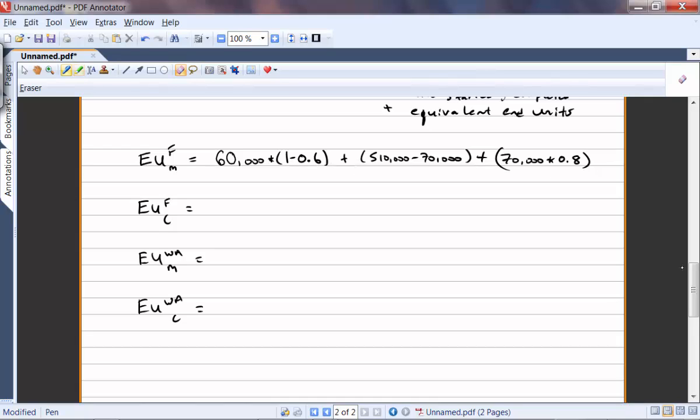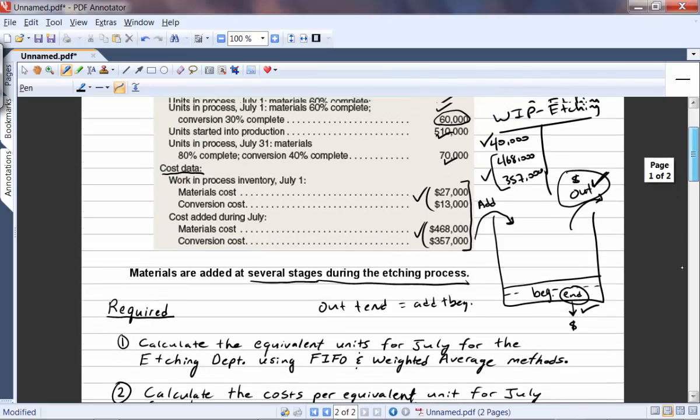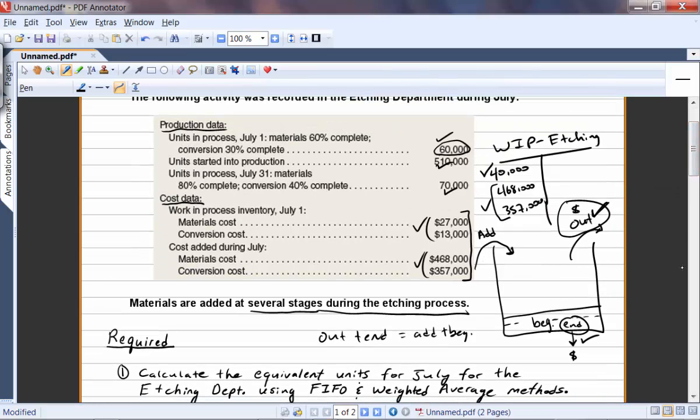If you add those up, you get 520,000. What about for conversion? Same idea. 60,000 at the beginning times 1 minus the percentage completion of those units. And with respect to conversion, they're 30% complete. So 1 minus 0.3.